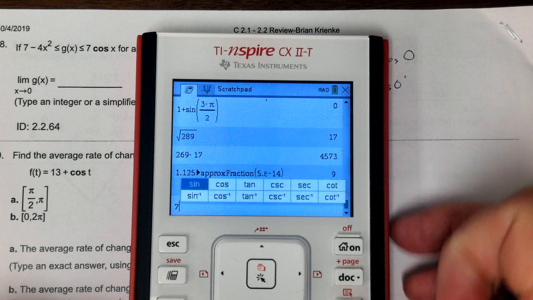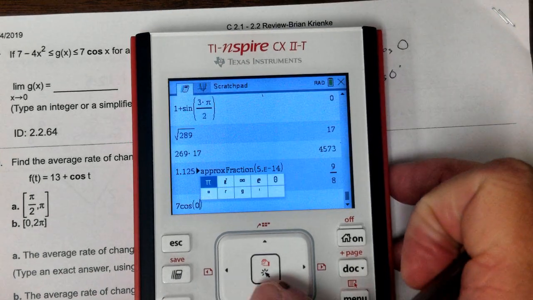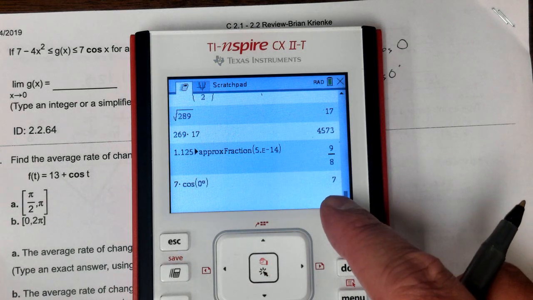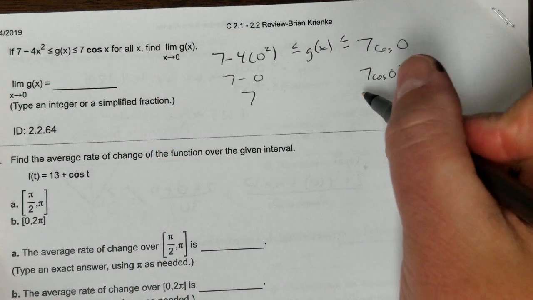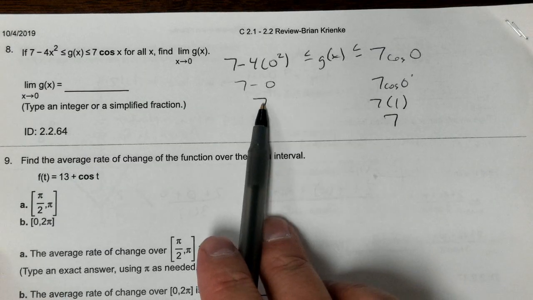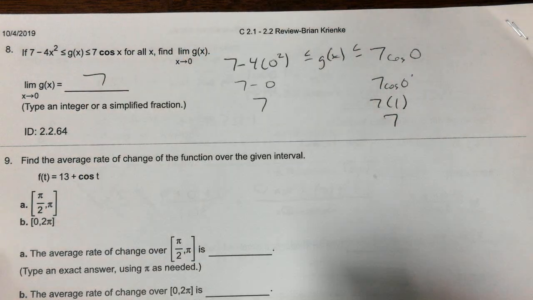And that gives you 7. Seven times 1, basically it's 7. And since the left side is 7 and the right side is 7, then your answer is 7.